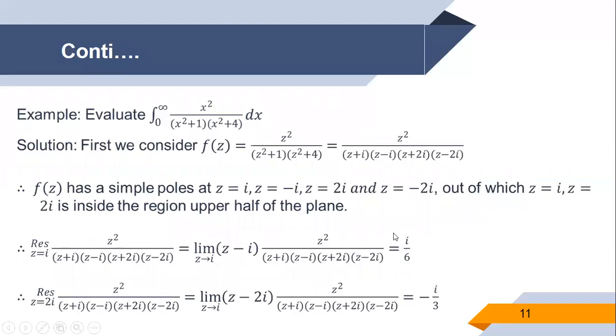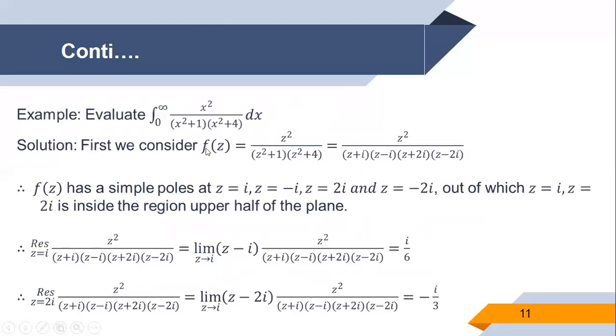Next question. The question is: evaluate the integration over the limit 0 to infinity of x square upon x square plus 1 times x square plus 4 dx. So we use again type 1. So x is replaced with z.